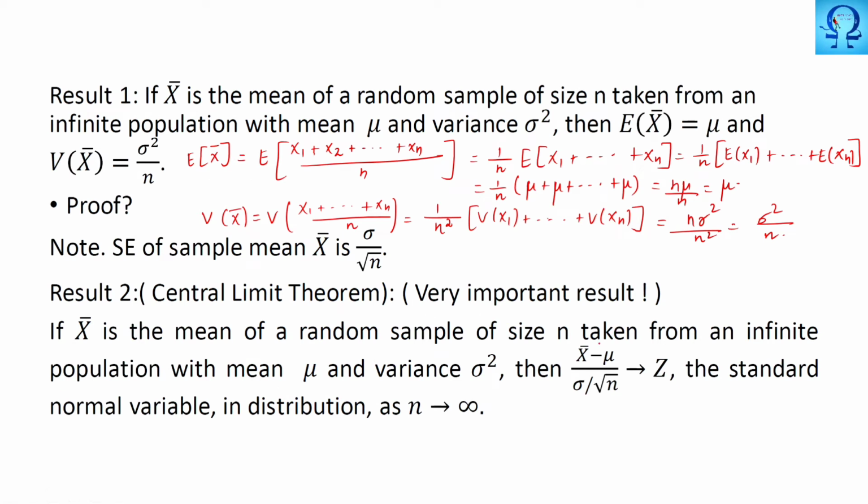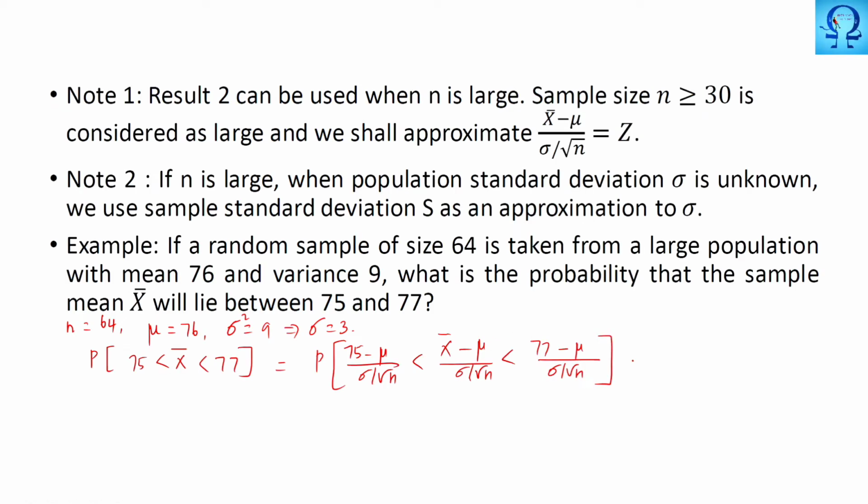Because for x bar, this is the mean and this is the standard deviation. That is why we are using those quantities. So it is probability of (75 minus 76) upon (3 upon under root 64) less than z less than (77 minus 76) upon (3 upon under root 64).